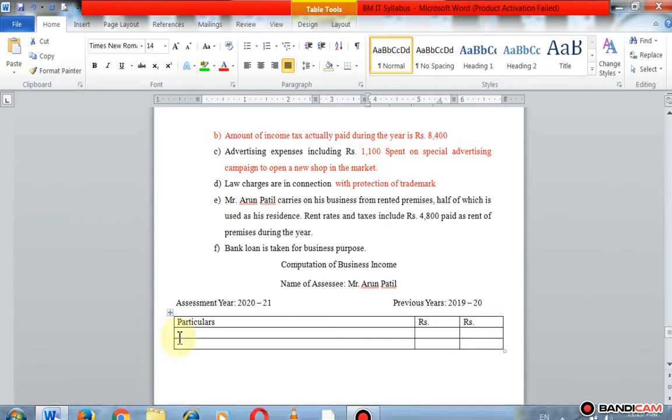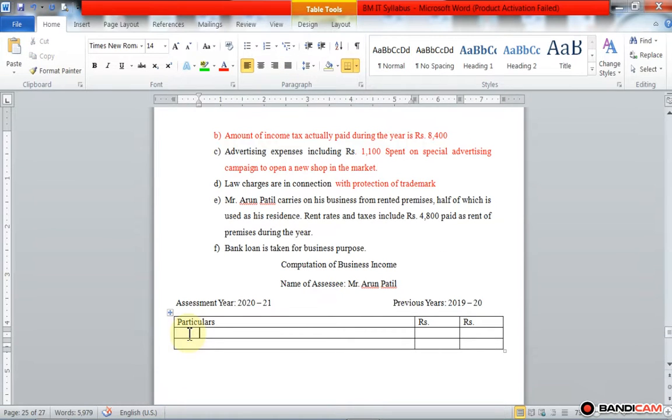Computation of business income. Name of assessee Mr. Arun Patil, assessment year 2020-21 and previous year 2019-20. Let's start to solve the problem.